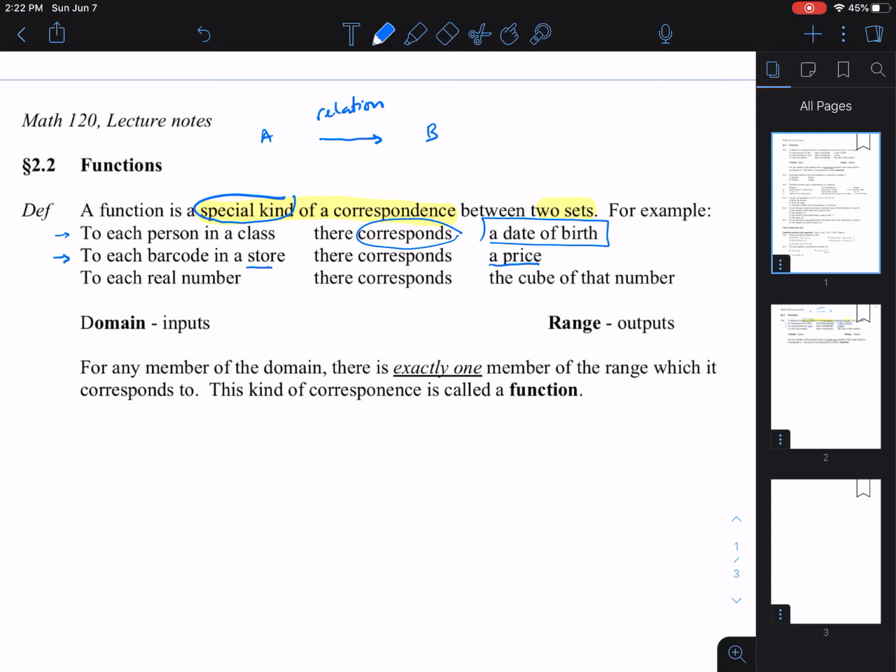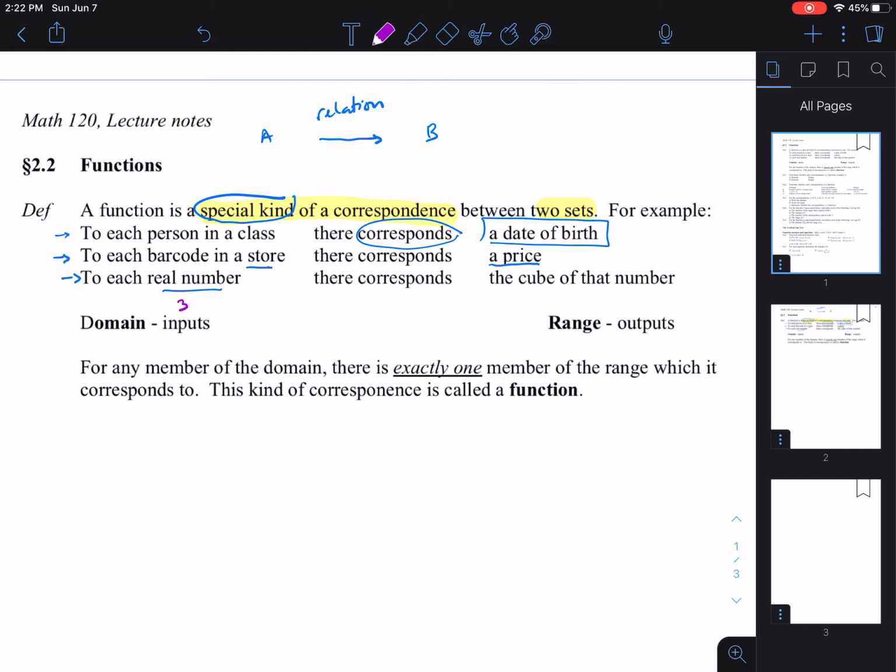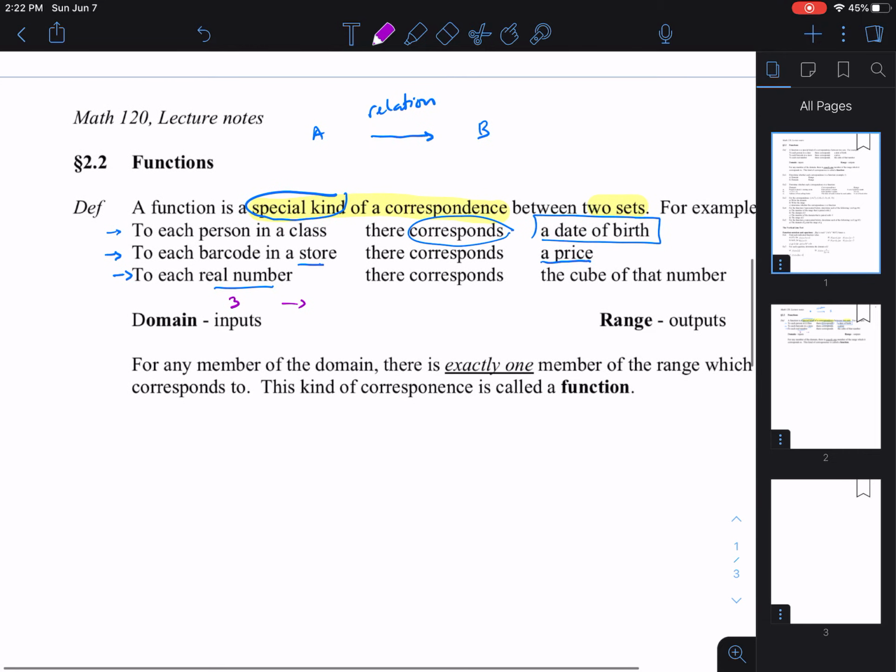When you scan the barcode, the computer will tell the price for that item, not two prices, just a single price. Another example is that for each real number, there corresponds the cube of that number. Meaning, let's say we have 3 as a real number, and that corresponds to the cube of that, which is 27. So there are no two possible cubes for 3.